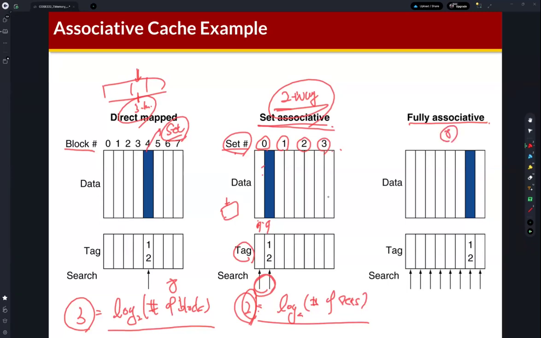If a new block is allocated, it can go into any empty block, meaning any invalid block. When data is requested, we need to compare all blocks. In this example there are 8 blocks, so we require 8 comparators for the fully associative cache. Do you understand?